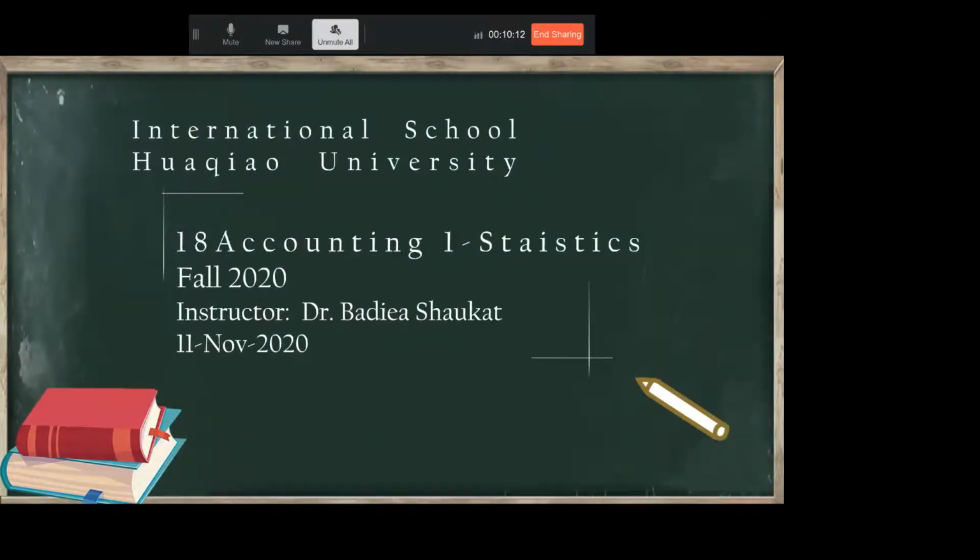Now today what we will discuss is the sampling distribution. We're going to talk about two things: sampling distribution and the point estimation process. Basically, we are pointing towards statistical inference. Now, what is statistical inference?